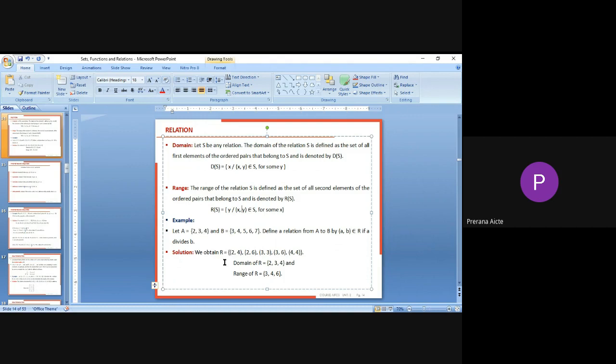But they define the relation based on some property: (2, 4), (2, 6), (3, 3), (3, 6), (4, 4).